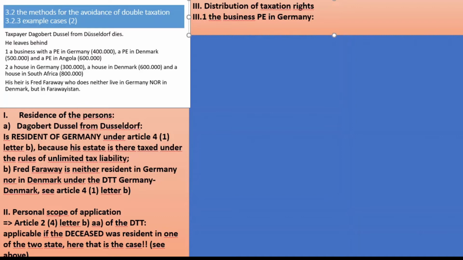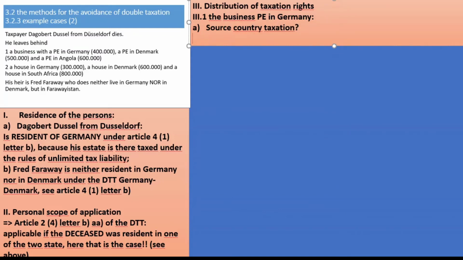Well, what does the treaty say concerning the source country taxation? Here we have a German resident leaving behind a German PE. That was in Article 25. It should be clear Germany is, in case of a PE, the source country, but Article 25.3 was that.